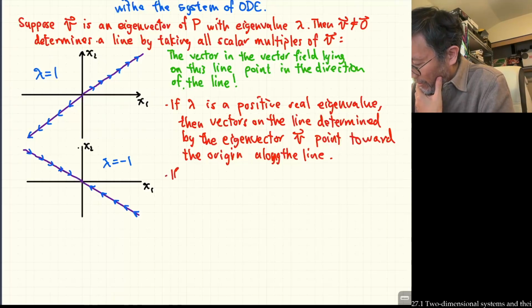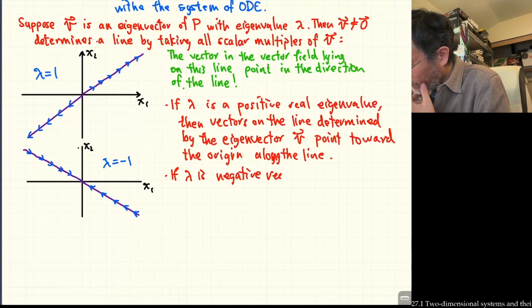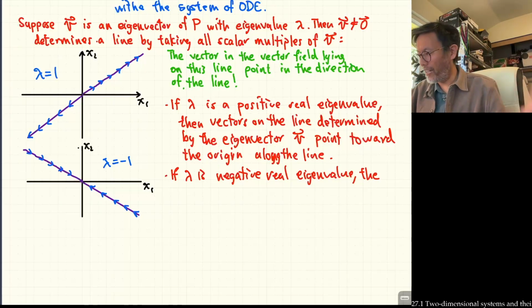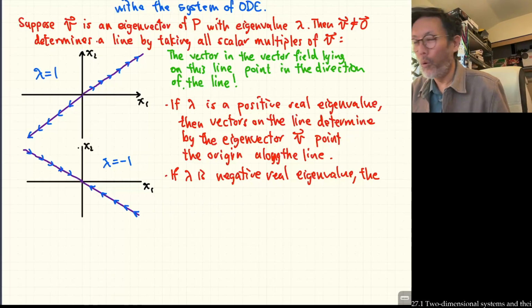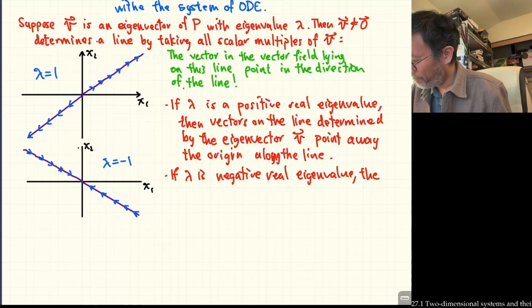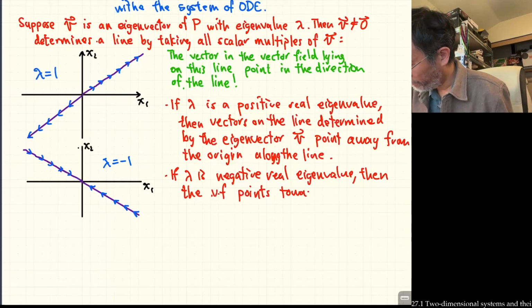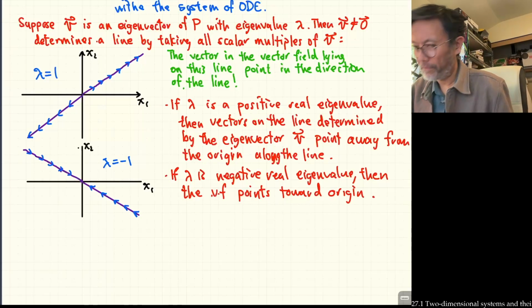Sorry, I messed up, this shouldn't be toward, this should be away. In contrast, if lambda is a negative real eigenvalue, then the vector field points toward the origin along the line.